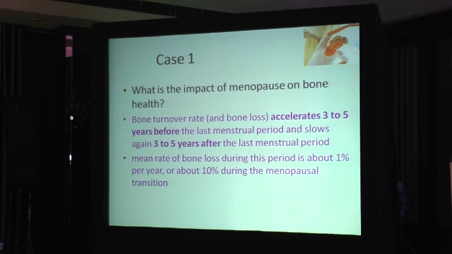Menopause affects bone especially in the first 3 to 5 years before, that is the transition, and 3 to 5 years later, at about 1% per year. Whereas age-related osteoporosis sets in at the age of 60, at a slower rate, 0.5% per year.